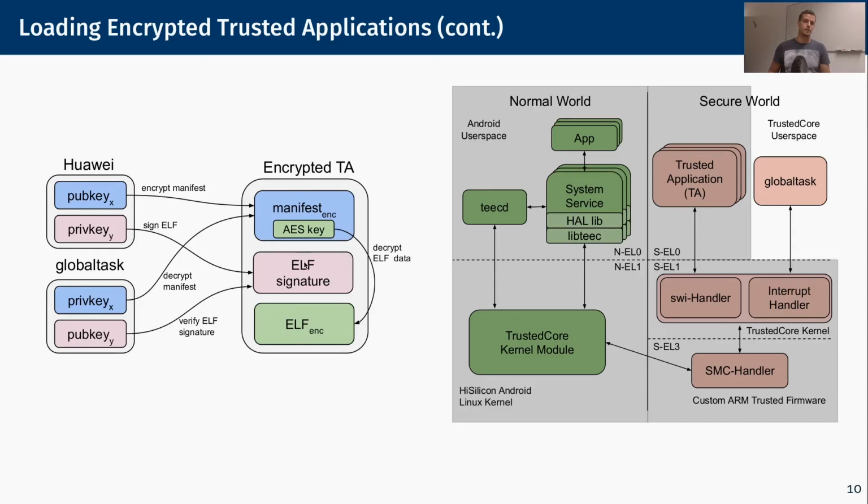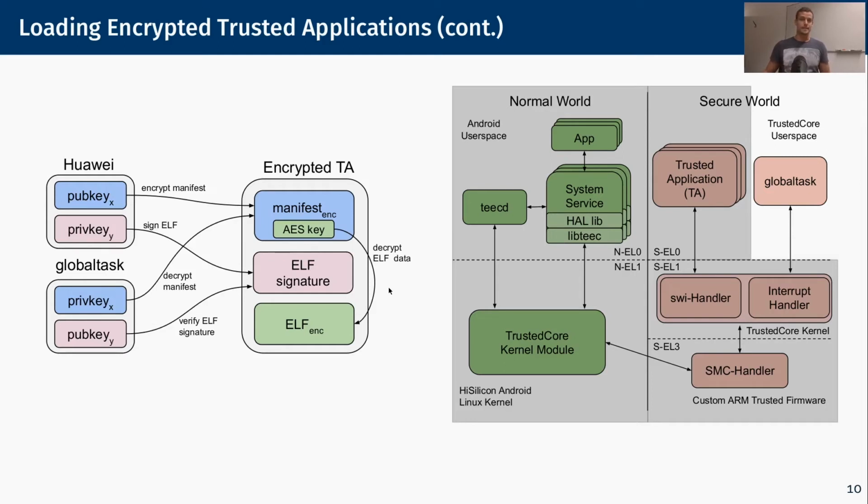And now this signature in red here becomes important, that is verified using this public key that is available to global task. And after this signature has been validated, the hashes of this signature and of this ELF file can be compared, and the loading process is complete if everything matches.